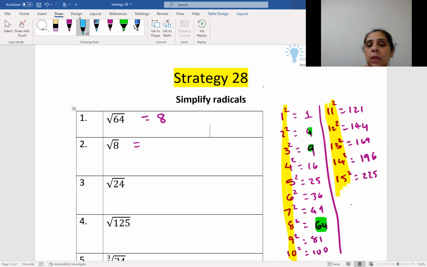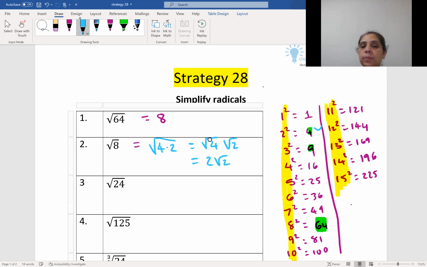I can see we have 4, so we can divide by 4. 8 divided by 4 is 2, right? So instead of the square root of 8, we can write the square root of 4 times 2, and then the square root of 4 times the square root of 2. The square root of 4 is 2, so we get 2 square root 2. Very simple to do.